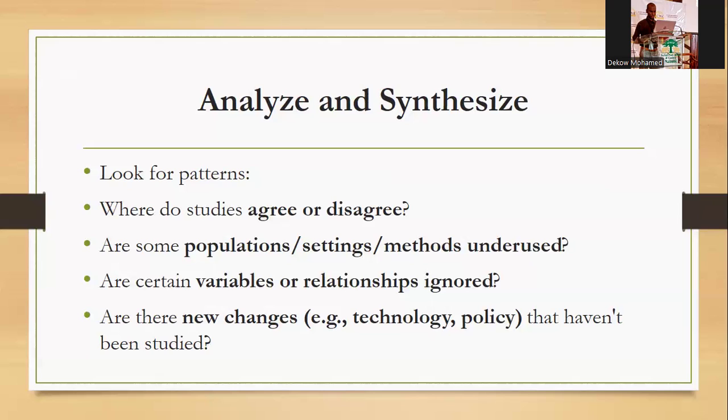Maybe if you're talking about factors affecting tax compliance, and you find that mostly they are talking about the electronic filing system, they talk about taxpayer education, maybe they haven't talked about the social psychological factors. So what are the factors that have been ignored that can help you to explore that area? And then you look at new changes like technology and policies that have not been studied.